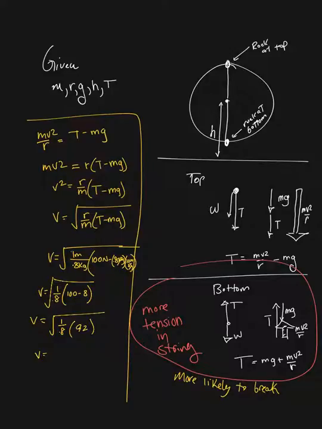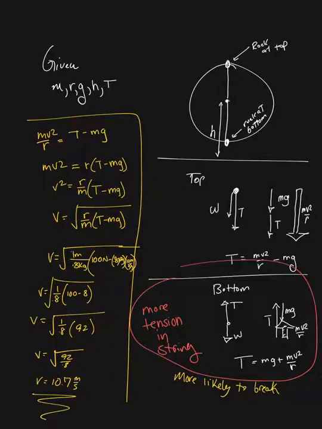It's the same thing as the square root of 92 over 0.8, right? I think we could use Desmos. So we get about 10.7 meters per second.